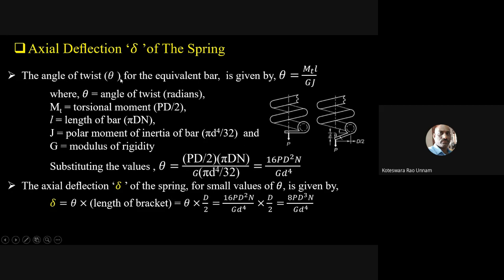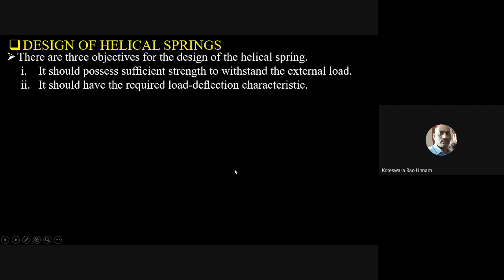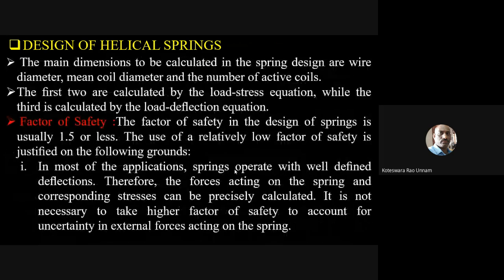Once you use the load stress equations, you already know all the diameters, capital D and small d; the only unknown is n. So from the delta equation, you can calculate the number of active coils also. That's what I stated here: the first two are calculated by the load stress equation, while the third is calculated by the load deflection equation.